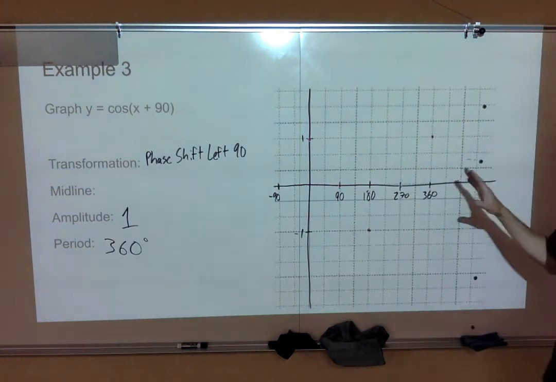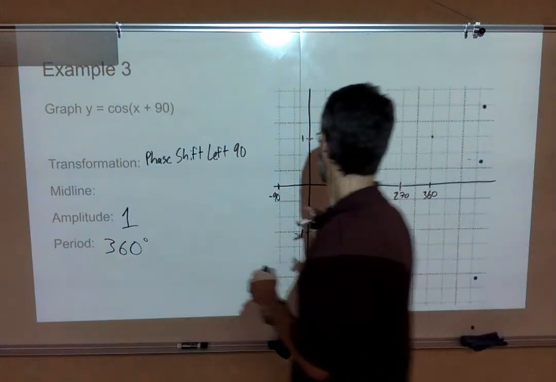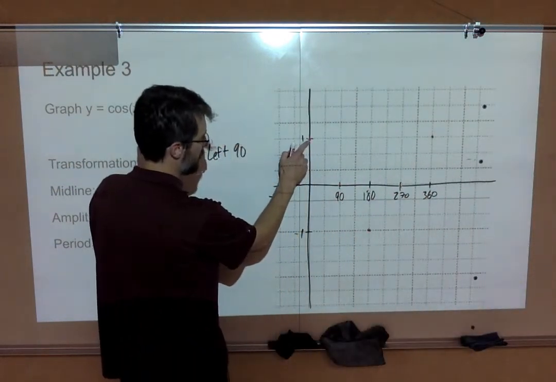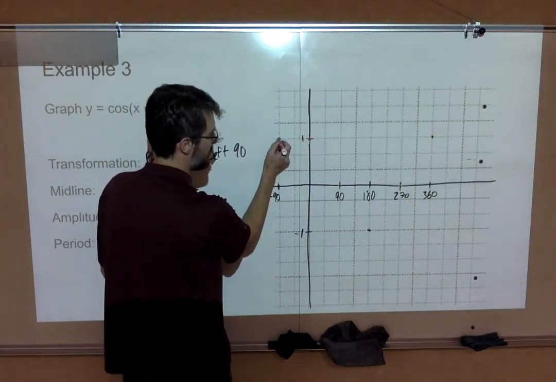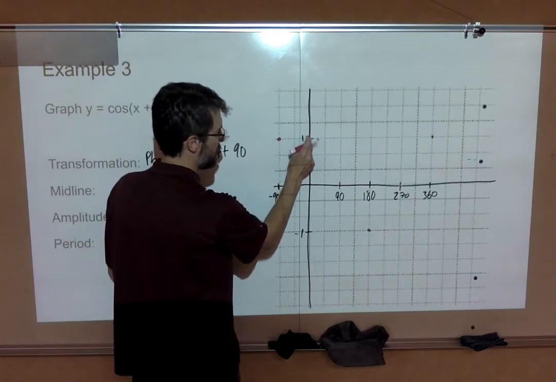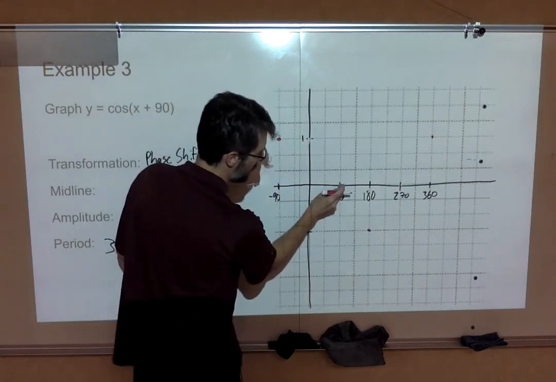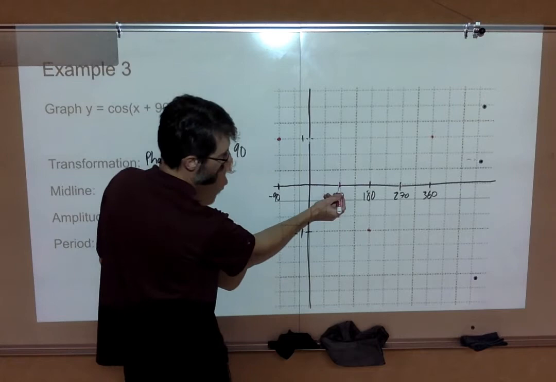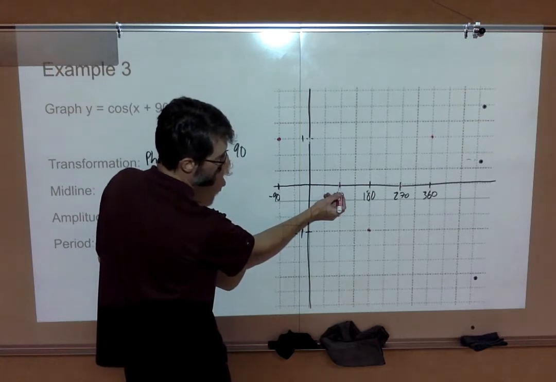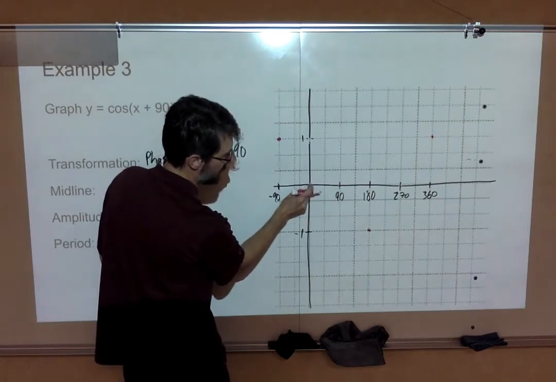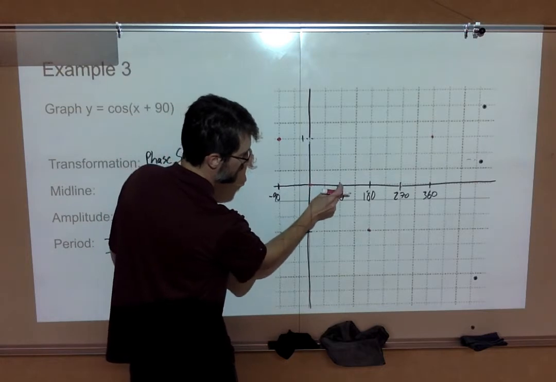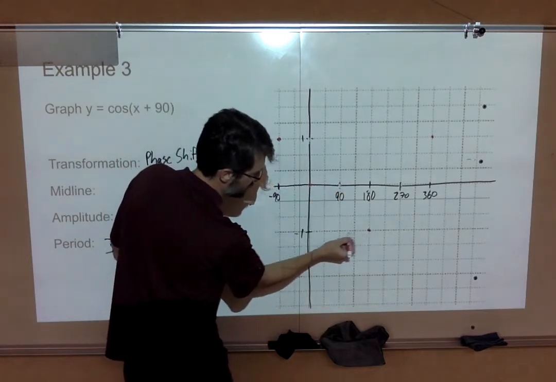Okay, so there's my 5 important points. I'm going to take each of those points and move it to the left 90 degrees, and I'm going to try to remember to erase these as I go. Otherwise, you can end up with a lot of extra dots on your graph. So this one moves to the left 90. This one moves to the left 90.